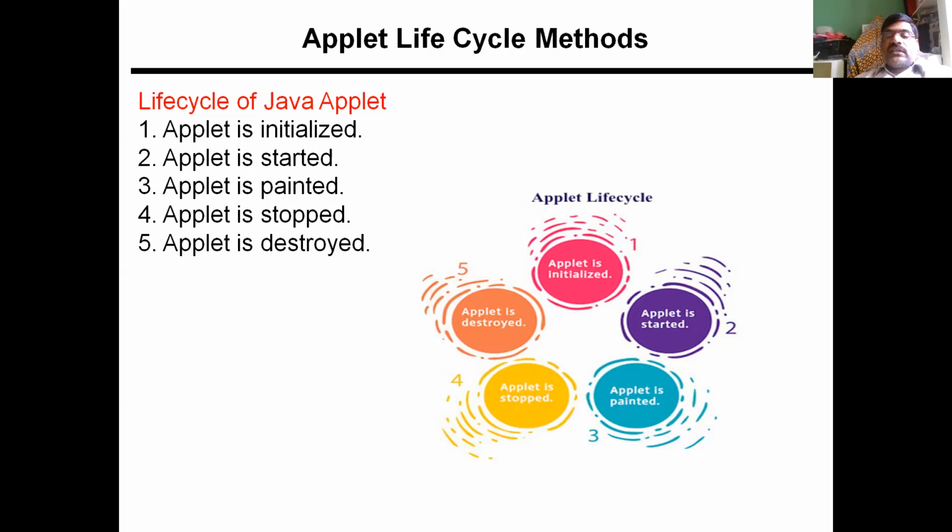After completing the task, the applet's execution will be stopped, so the applet will enter into the stop state. Then once you close the web browser, the applet will be destroyed. The object which the applet created will be destroyed. So these are the 5 lifecycle steps of the applet.